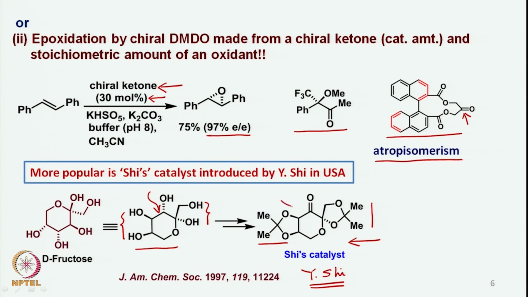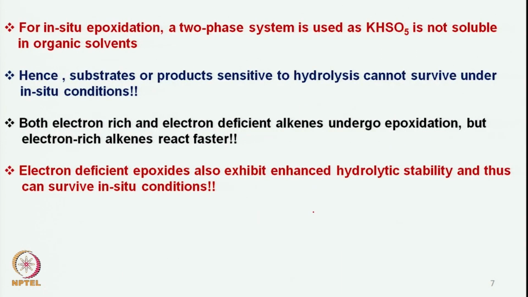And this ketone, as you can see, is flanked by two bulky groups, this part and this part. So if the dioxirane is formed in the middle, we can expect a fairly good amount of stereoselectivity because of the steric hindrance.